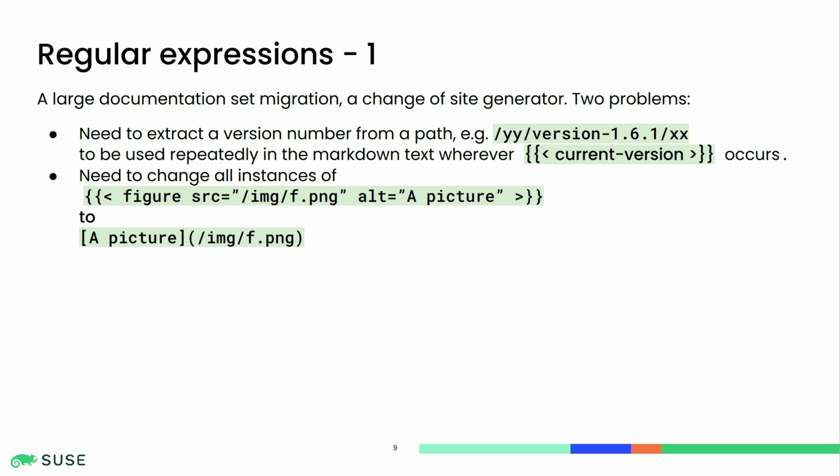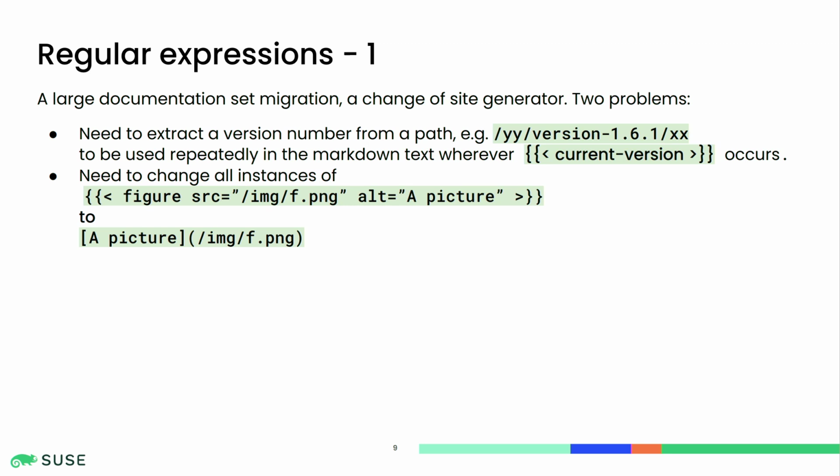Okay, the other problem, again with this handlebars templating type of thing, it describes a picture going here, you get it from f.png and it's got some alt text. That's one of the ways, not the exclusive way, in which Hugo describes putting a picture on the page. Docusaurus is completely different.